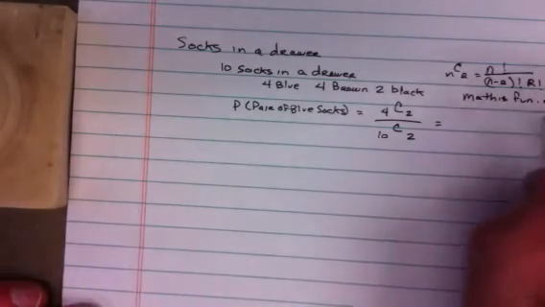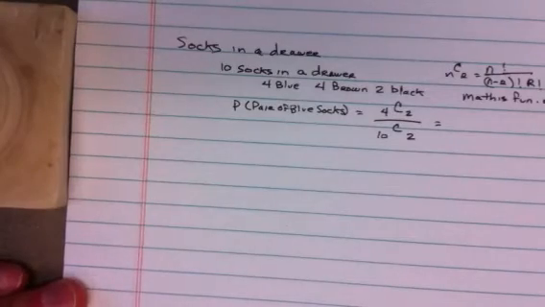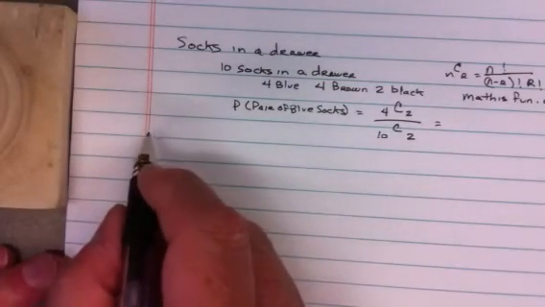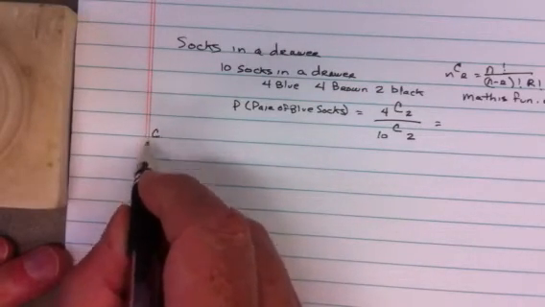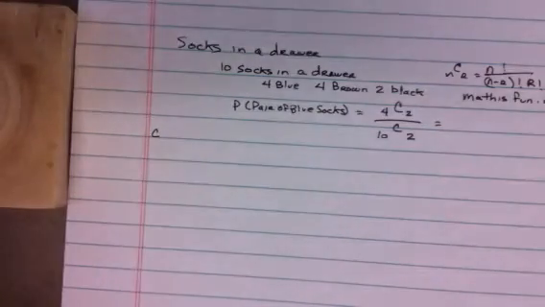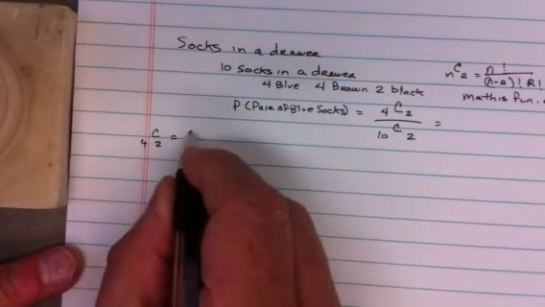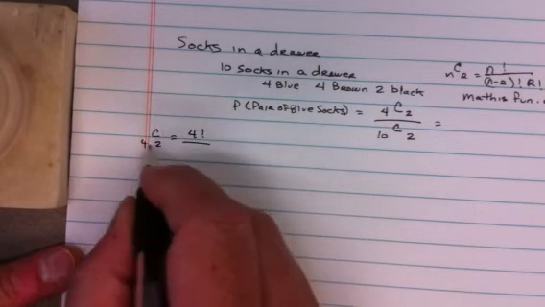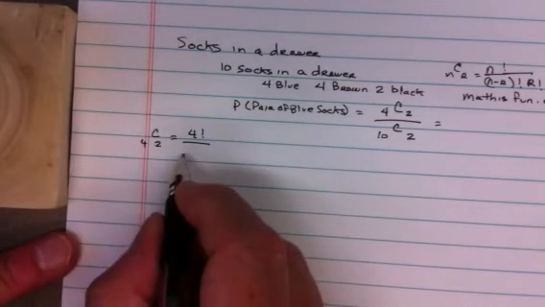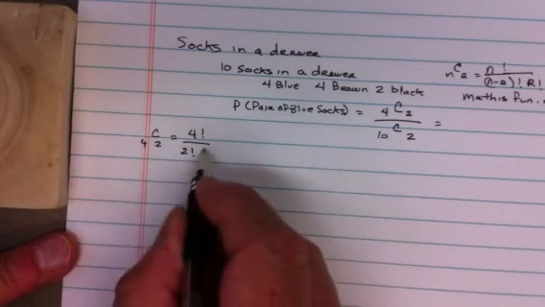For example, 4 choose 2, I'll work over here so you can see what I'm doing. 4 choose 2 works out to be 4 factorial in the numerator. Then 4 minus 2 is 2 factorial in the denominator.